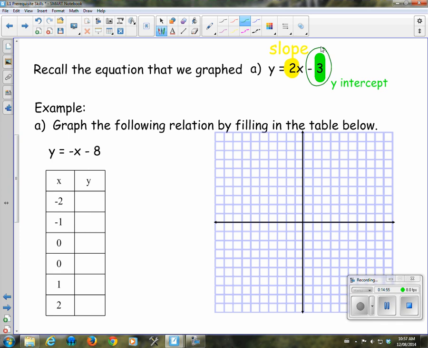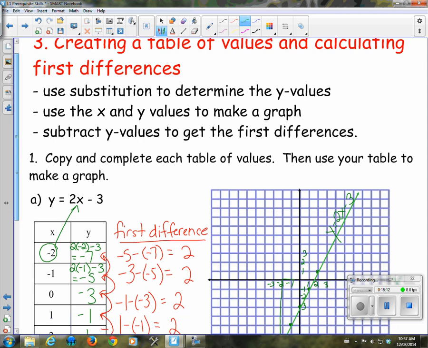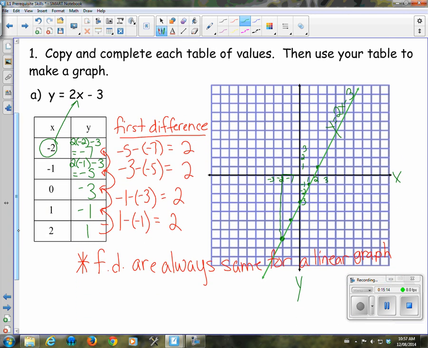Keep the sign with the number. So that means the line crossed the graph at -3, and it went up 1 and over 1. So if we go back and look at our graph we just made, the line crossed the y-axis at -3.